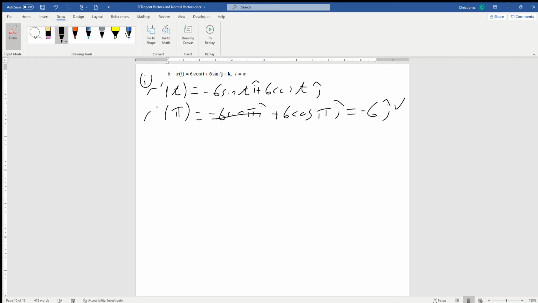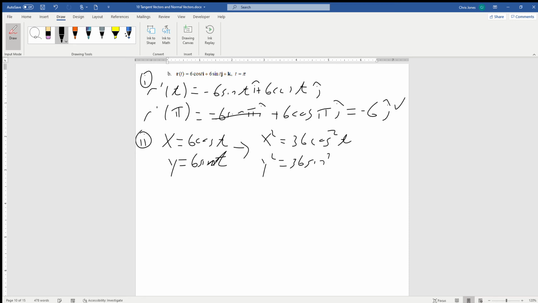That's good or bad depending upon how you view it, because now we actually have to do the problem. For the graph, we can use that trick once again, where we just try to parameterize it. Let x be equal to 6 cos t, y equals 6 sine t. We square both of these, so x squared is equal to 36 cos squared t, y squared equals 36 sine squared t.